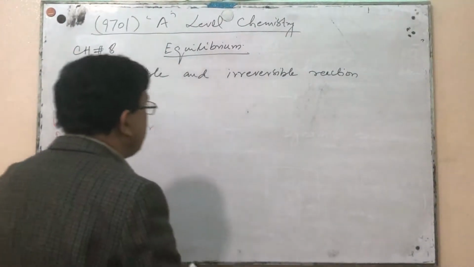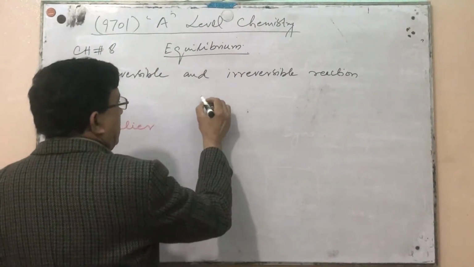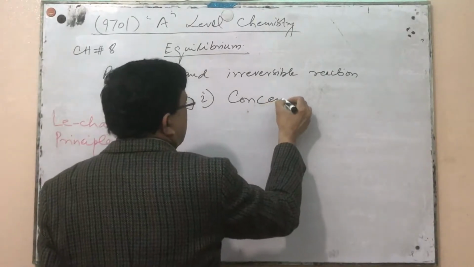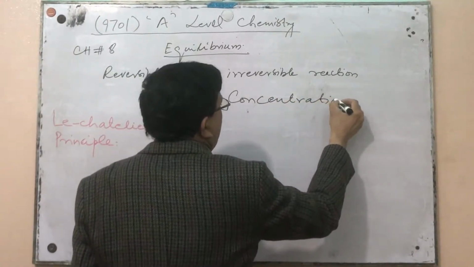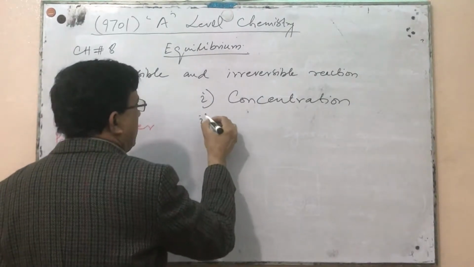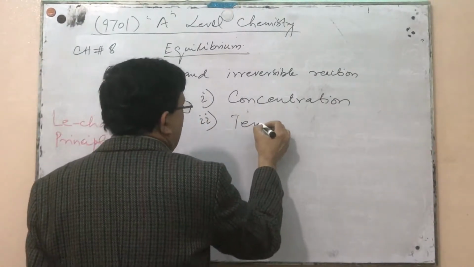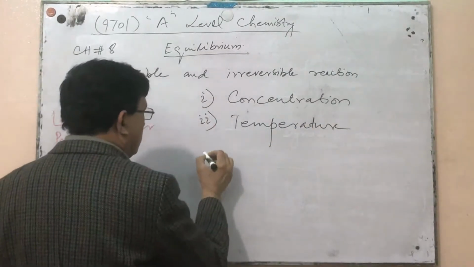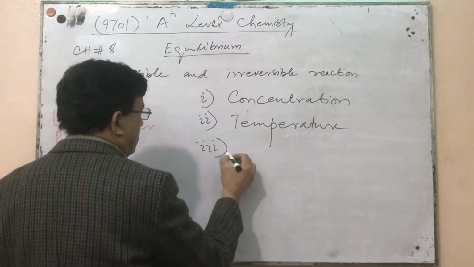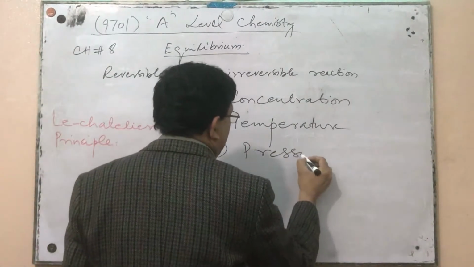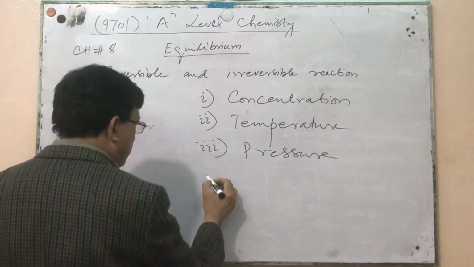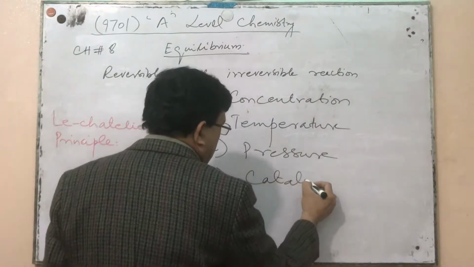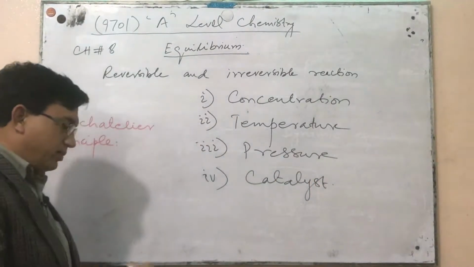For example, we can discuss number one, effect of concentration on dynamic equilibrium, effect of temperature on dynamic equilibrium, then effect of pressure on dynamic equilibrium, and finally we can discuss the effect of catalyst on dynamic equilibrium.